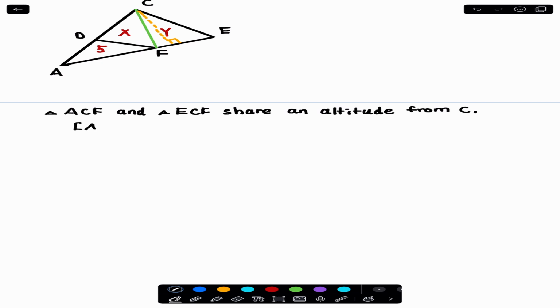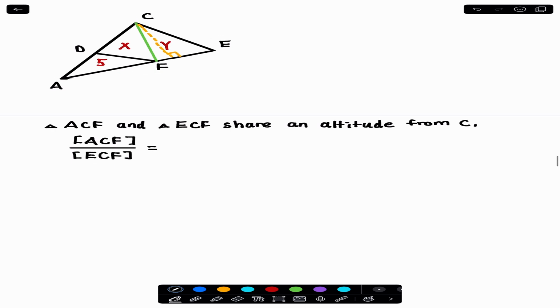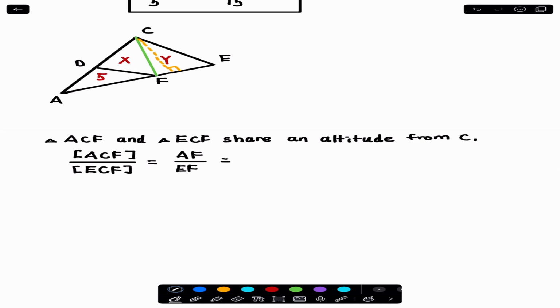This means the ratio of their areas. So I hope you can see we're just doing the same thing over and over again, just with different triangles. So it's very important to spot all of these triangles. So AF over EF, again, pretend like the C isn't even there. Area of triangle ACF is x plus 5.